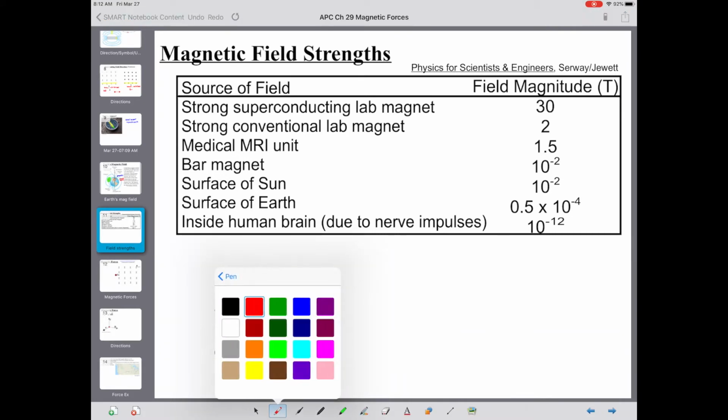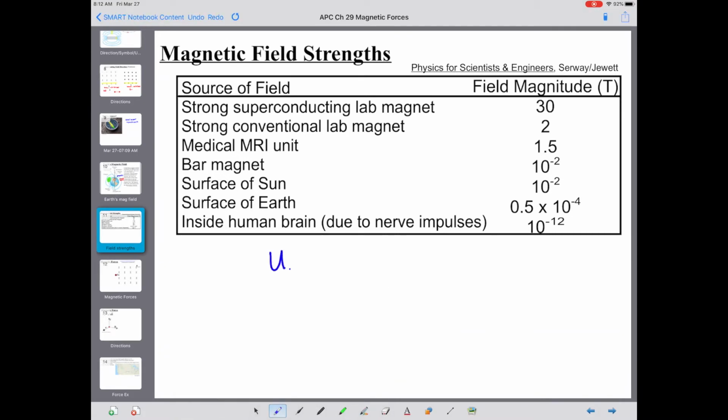The unit of a magnetic field, and we'll talk more about it, is the Tesla. A Tesla is a very large magnetic field. As you can see here, Earth's magnetic field is 0.5 times 10 to the negative fourth Teslas. Your average bar magnet is about 10 to the negative second Teslas.